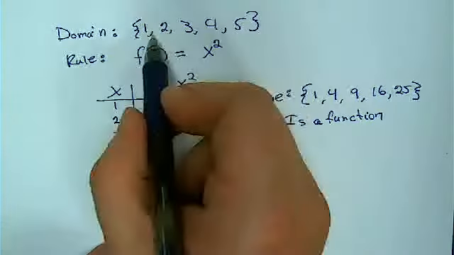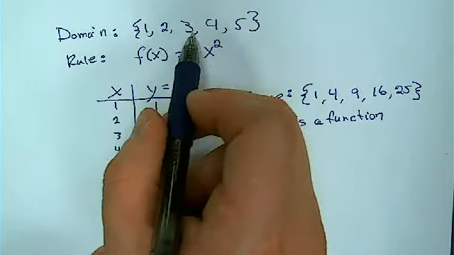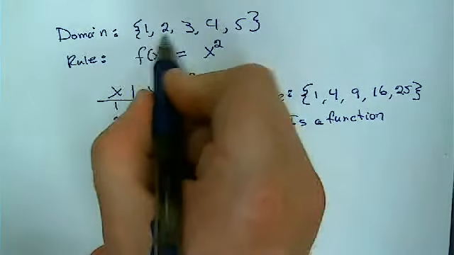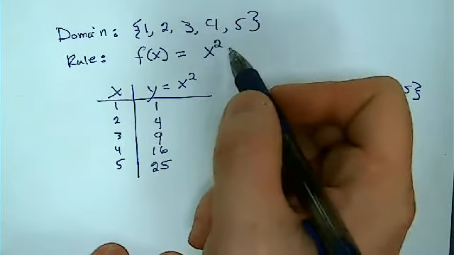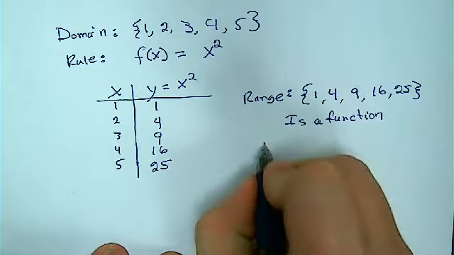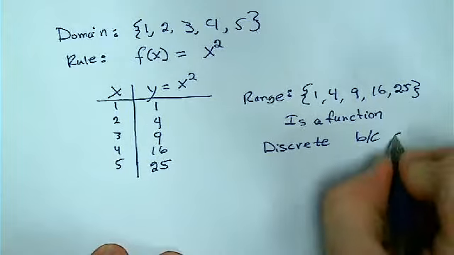Do I have all the numbers between 1 and 2 included, or just 1, 2, 3? I only see 1, 2, 3, 4, 5. It's only those numbers, right? And I only have these as my result. So this is discrete, because it's specific values.